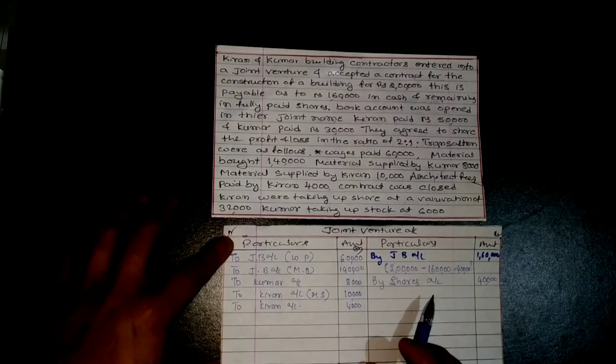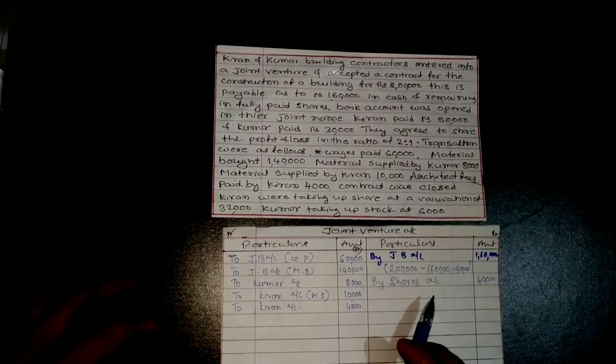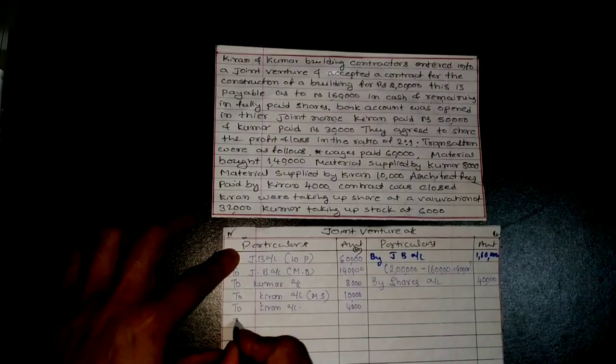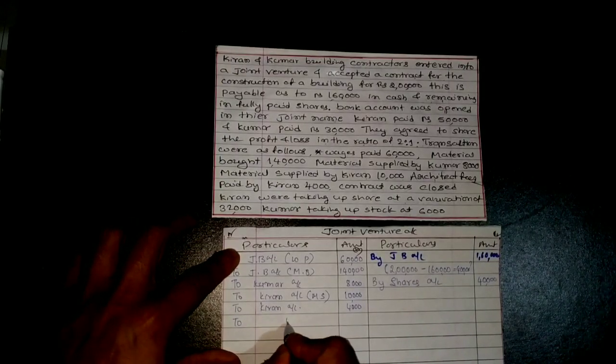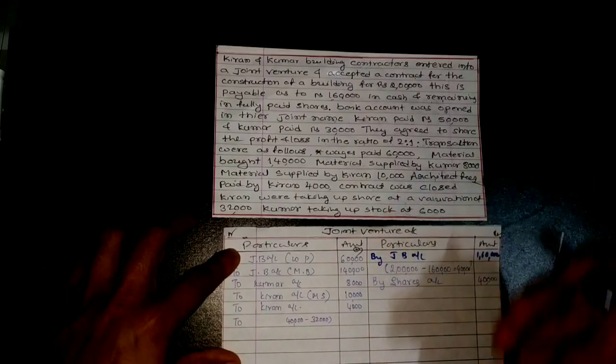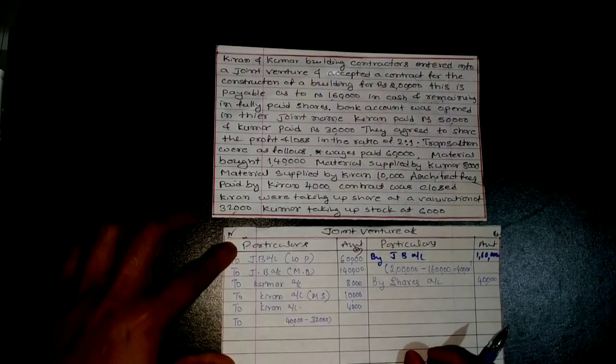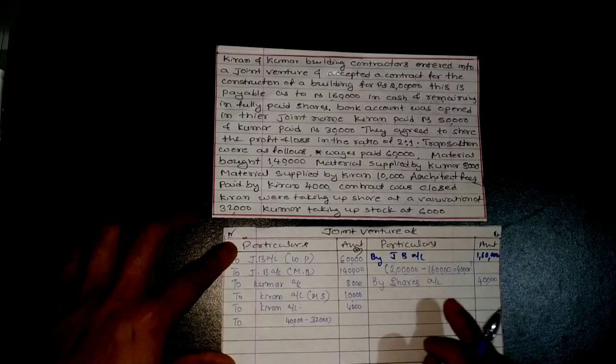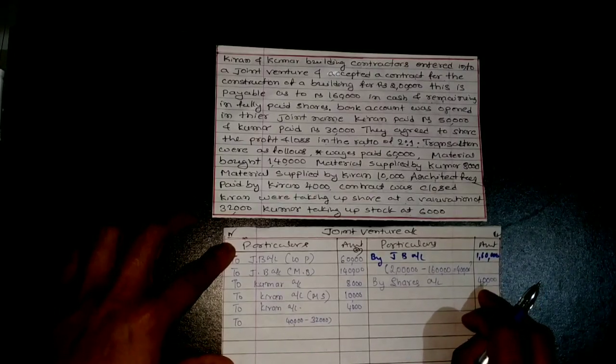So is it profit or loss? We received 40,000, but Kiran has taken over at 32,000, right? So it is loss. When we receive anything, it should be credited. It's treated as income. Share 40,000 is treated as income.